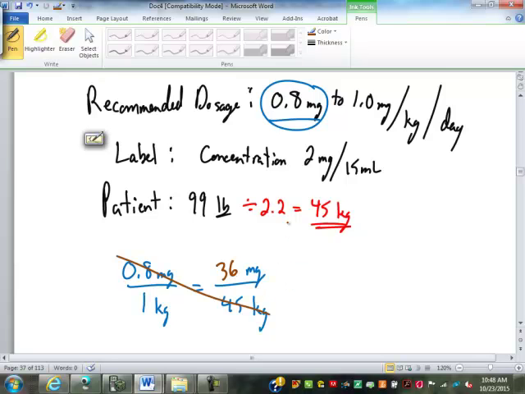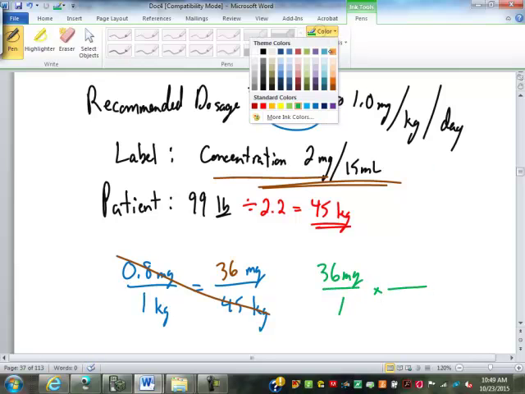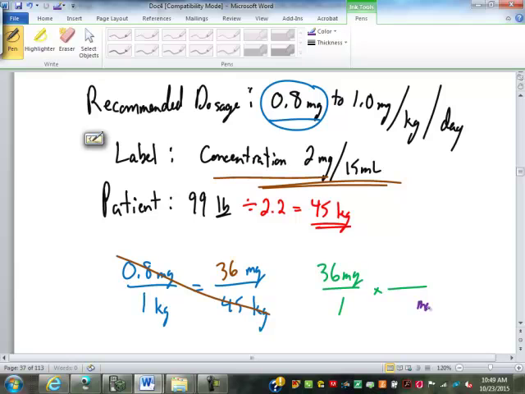So 36 milligrams is the recommended dosage for this patient, but that's not how much we're going to deliver to the patient because we have to figure out how many milliliters are going to deliver that to the patient. So we take our 36 milligrams over 1 times, we're going to put milligrams on the bottom here, going to milliliters, 2 milligrams and 15 milliliters.